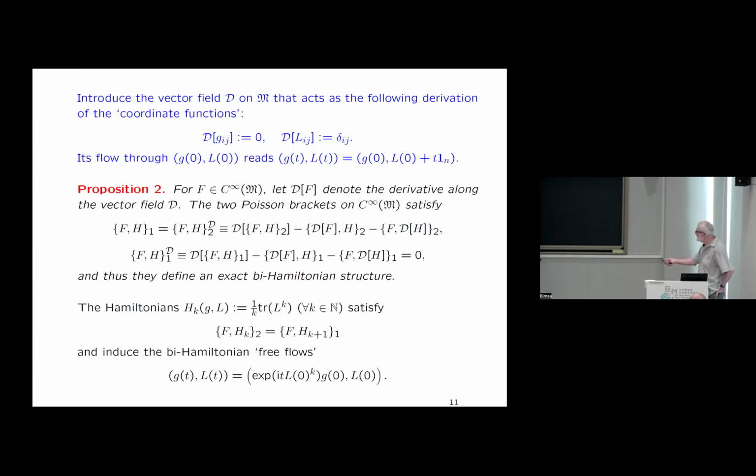So it means that these Hamiltonians Poisson commute with respect to both Poisson structures, and the flow generated by the Hamiltonian vector field, which is defined through this relation, is just this orbit of a one-parameter group, the group UN. It's some usual flow, usual in integrable systems.